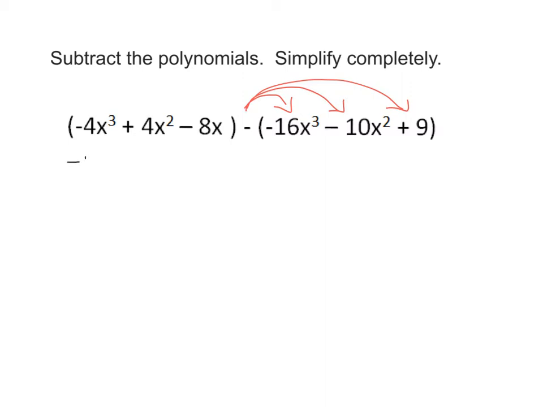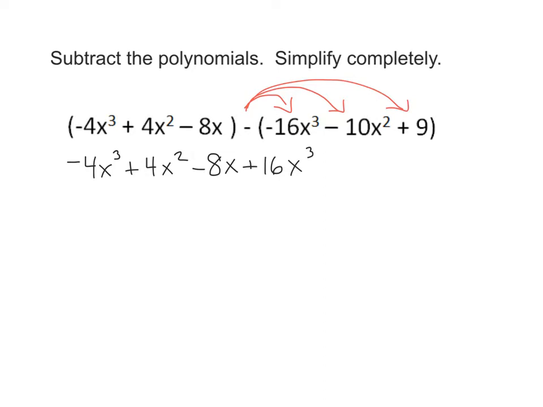So now I have negative 4x to the third plus 4x squared minus 8x, so none of that changes. And now we need to do minus negative 16x to the third. So minus a negative becomes plus, so plus 16x to the third.